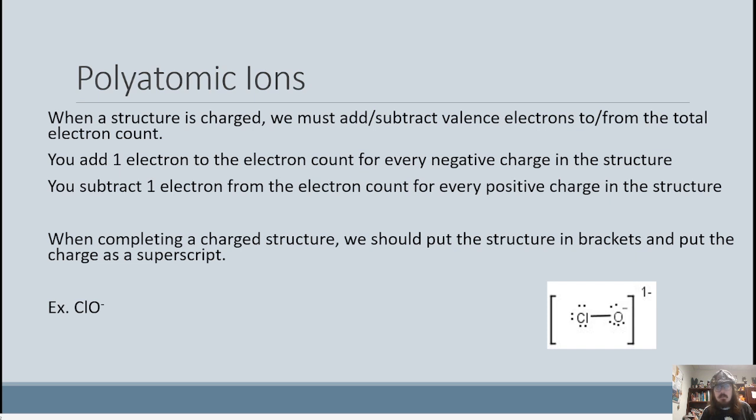They want to make sure to specify the charged structure versus the uncharged structure. So NO2 is nitrite. NO2 neutral would be nitrogen dioxide. Those are completely different structures, and thus we need to emphasize that in the Lewis structure by showing that it's charged.